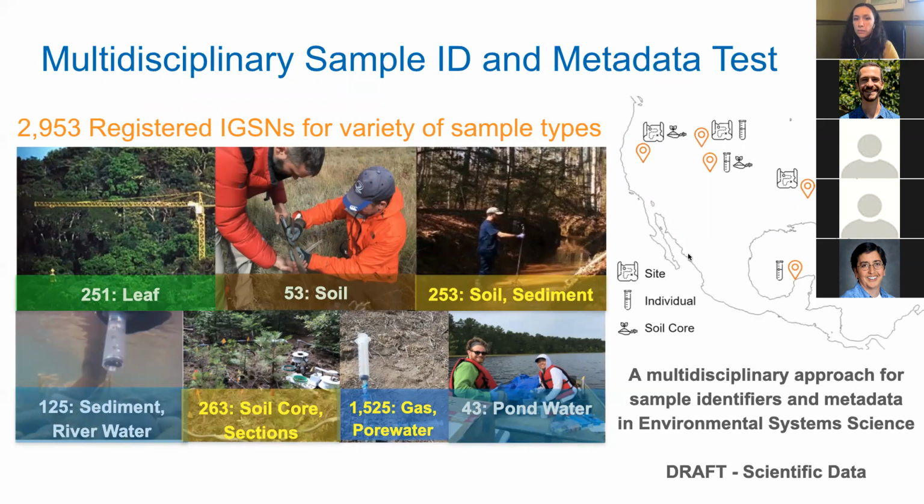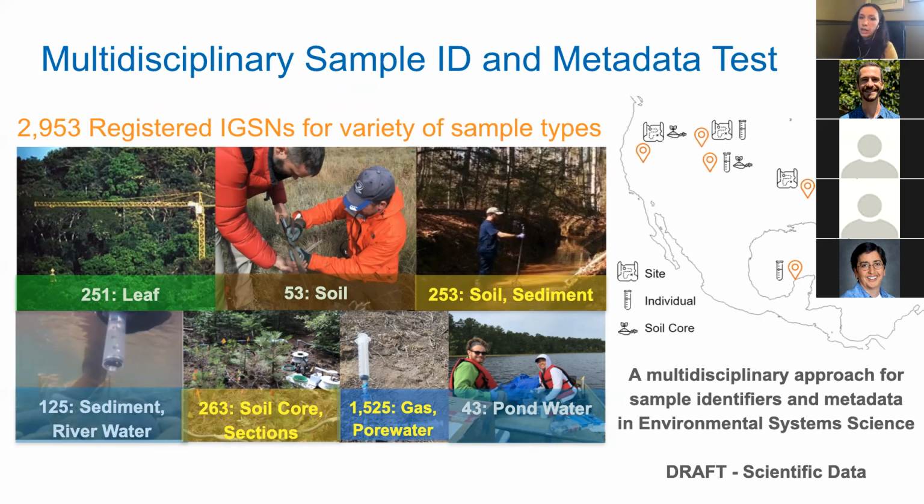So in the end, we had about 3,000 IGSNs registered across 8 different projects for this testing work that we did. This includes a variety of different sample types, and most of them were conducting studies on biogeochemical responses to things like climate, contamination, and other disturbances.